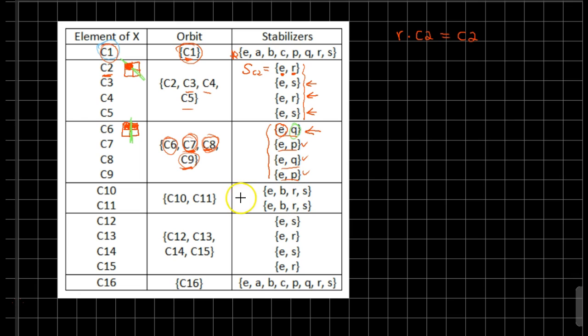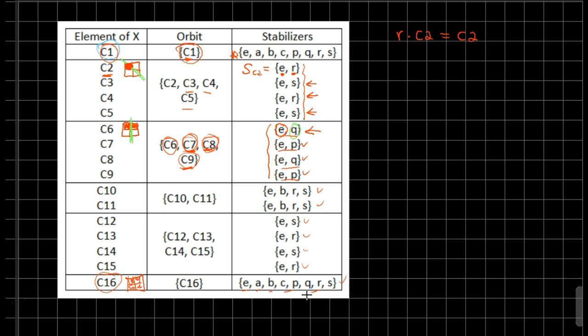And you can similarly figure out the other colorings and what group actions will fix them. Interestingly, C16, where all 4 little squares are colored black, either rotation or reflection will leave it intact as C16. So it doesn't matter. Any one of these group actions will just leave it as it is.